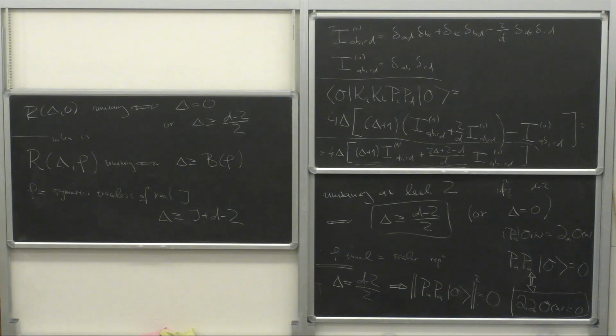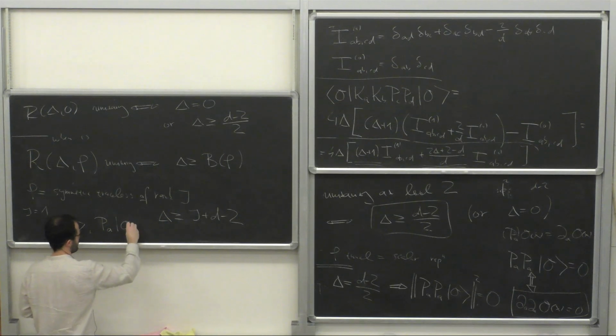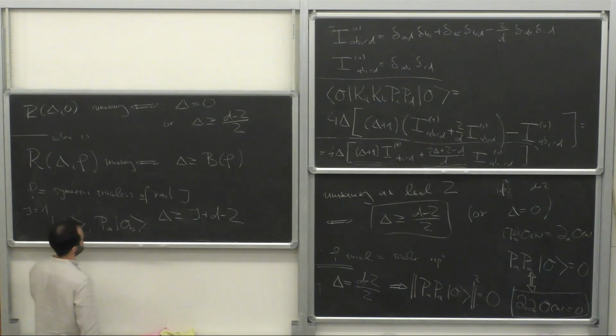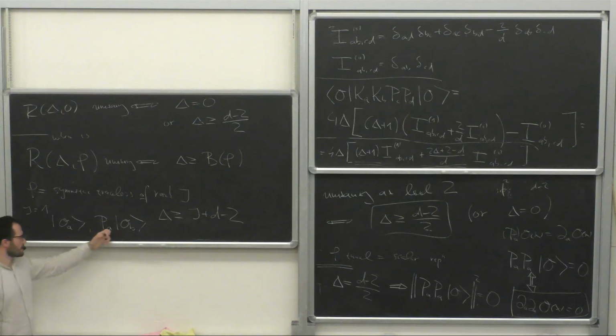Okay, if you wish, as an exercise, you can do this for j equal 1, for example. For j equal 1, you have O_A. Now this is the set of states at level 0, and if you go to level 1, you have to compute a matrix of inner products of these states.